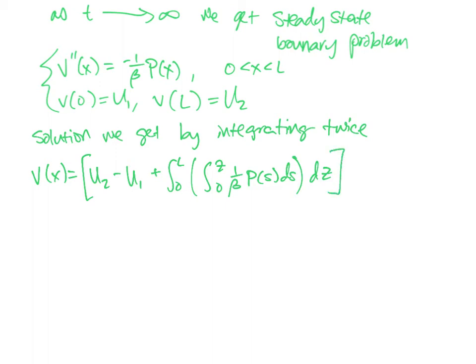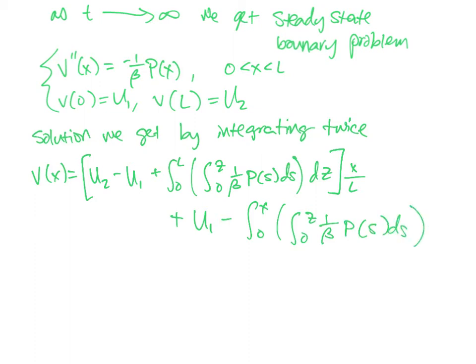So this whole bracket thing times x over L plus u1 minus another integral 0 to x, integral 0 to z, 1 over beta p of s ds dz. Okay, so this is ugly, but it doesn't matter.